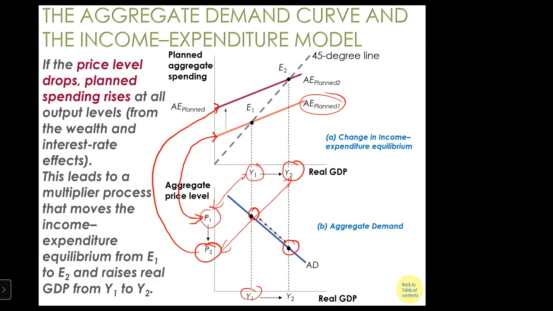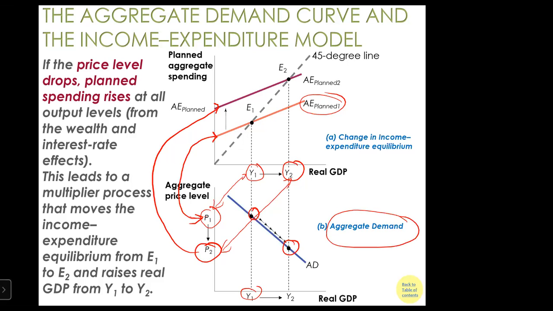Again, the reason behind this is the wealth effect and the interest rate effect. Okay, and here you may already smell some implications for policy, right? So the central bank can probably affect the price level. If they can affect the price level, they can adjust aggregate demand, right? Okay, so this is how we derive this aggregate demand curve.